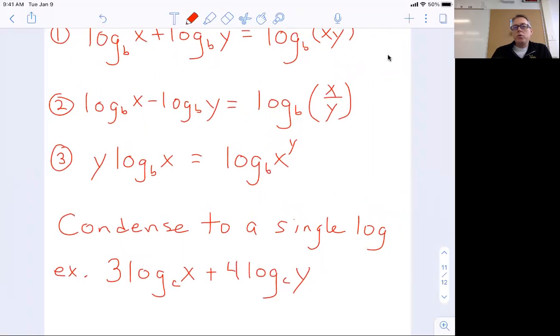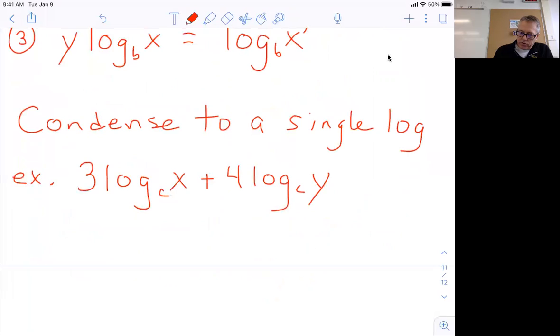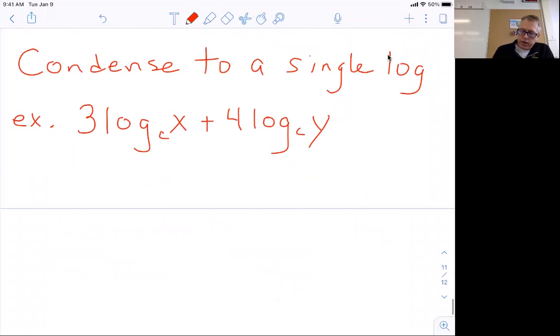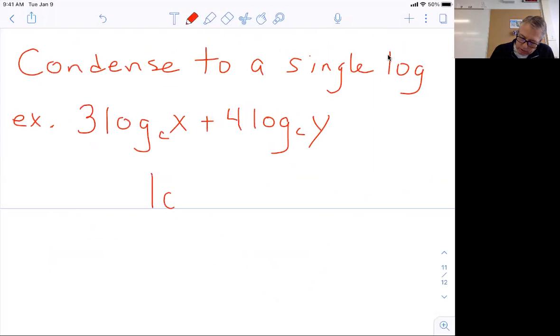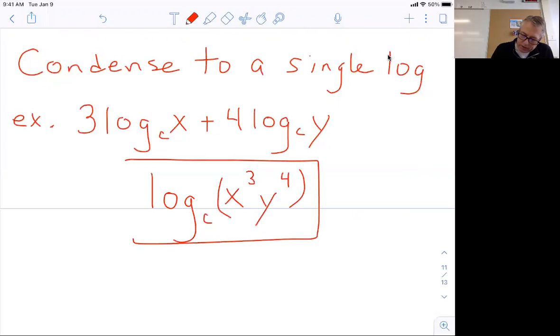All right, I'm going to use the rules above, and I have to scroll down here to use them. The addition means we're going to make it into multiplication, and the coefficients are going to become exponents. So as a single log, this is written log base c of x to the third times y to the fourth. That is our one-step answer.